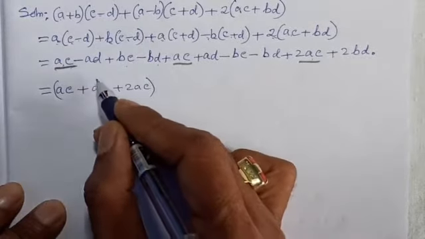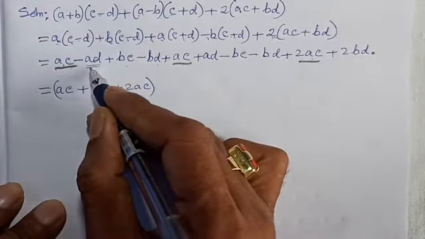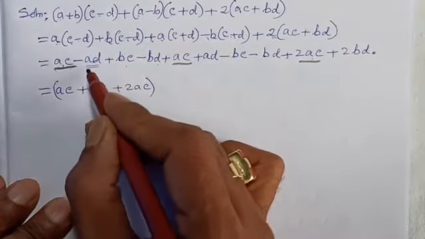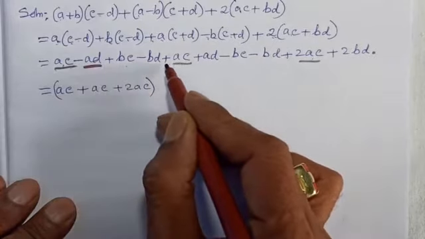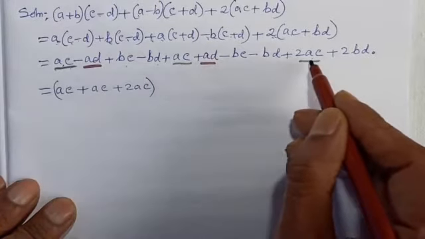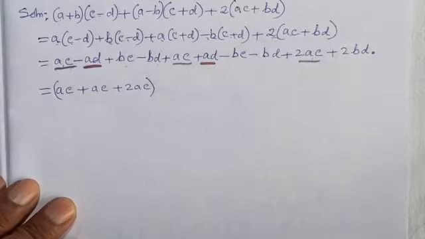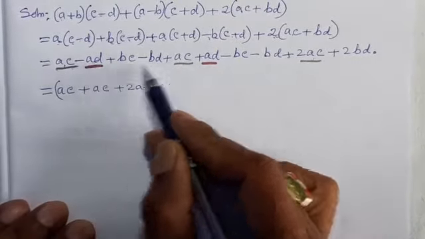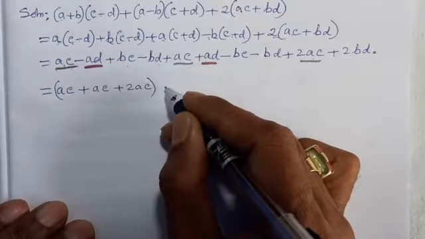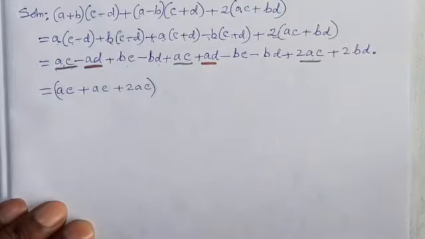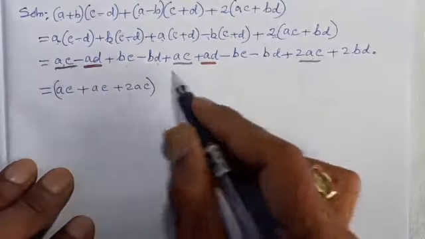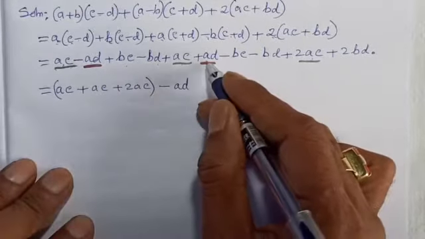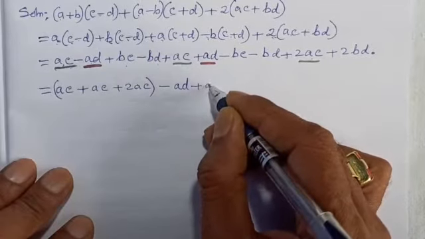Next is AD. So AD also, let's select like terms. Here AD, here also AD. So this minus AD and plus AD, these two are like terms, so write together. Minus AD, and again plus AD.